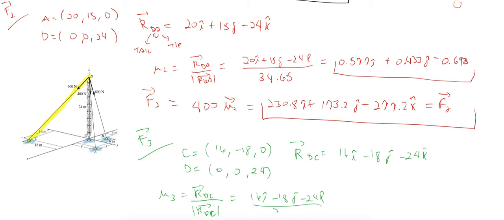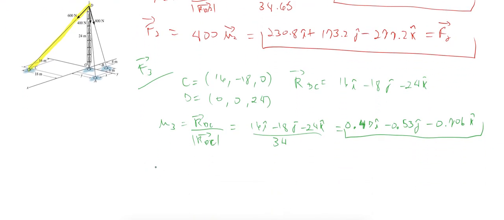So it's 16 over 34, which is our I component of the unit vector, 0.47I, minus 18 over 34, 0.53J, and then minus 24 over 34, 0.706K.